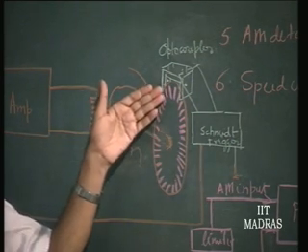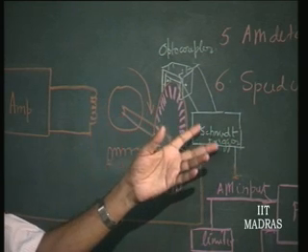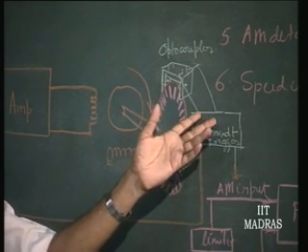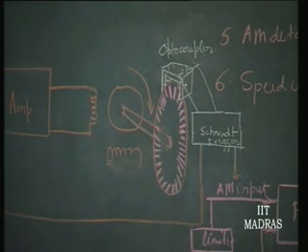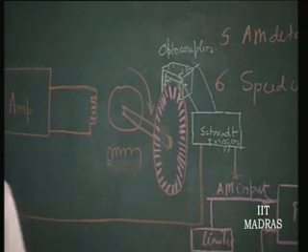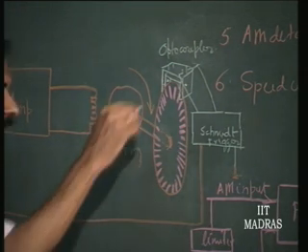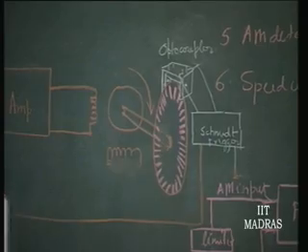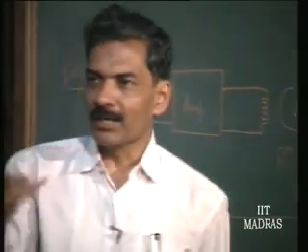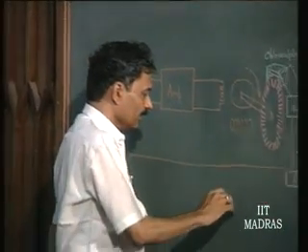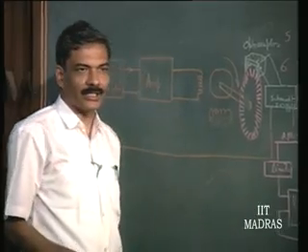So, you will get an output here at this point, at the LED point. What kind of output you get? Almost looking like a sinusoid, because whenever it reaches exactly the slot center, there will be peak output. Okay. So, you will get a nice almost sinusoidal signal, right.